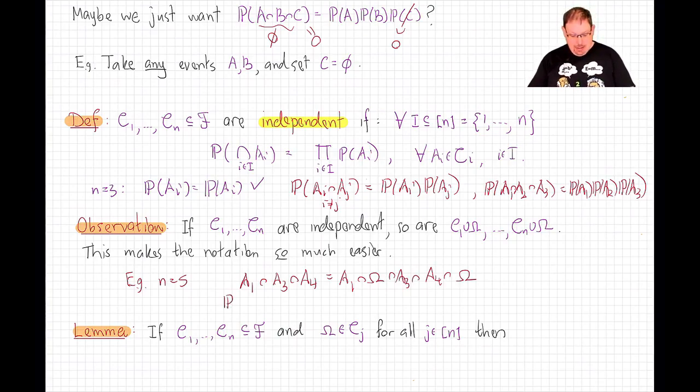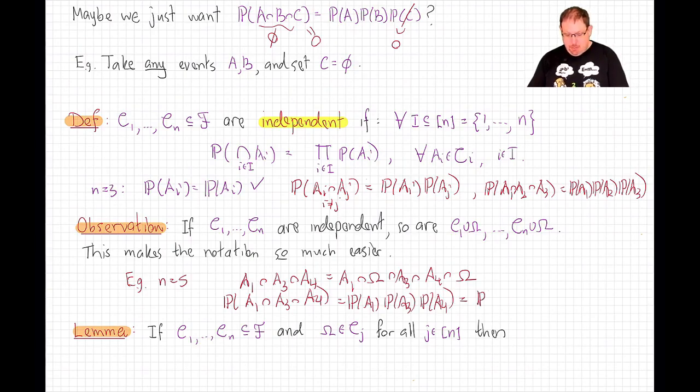And indeed, the probability of A1 intersect A3 intersect A4, which for independence to hold is supposed to equal the probability of A1 times the probability of A3 times the probability of A4, is also equal to the probability of A1 times the probability of the whole sample space times the probability of A3 times the probability of A4 times the probability of the whole sample space.